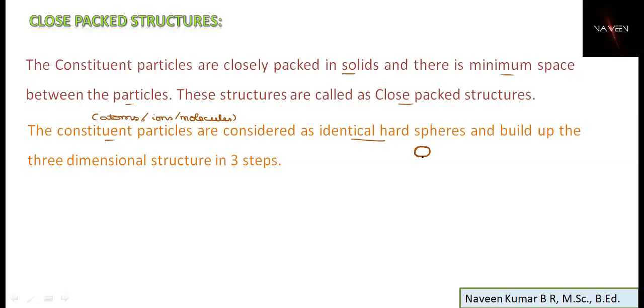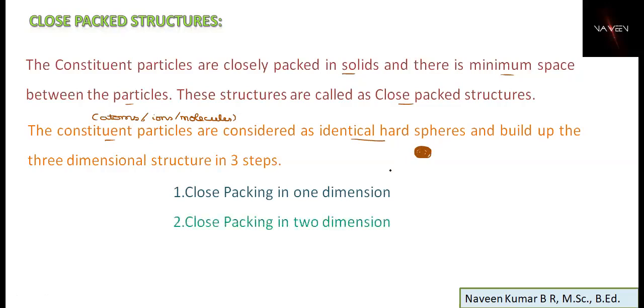Each particle is assumed to be a hard sphere, and we build up the three-dimensional structure in three steps: close packing in one dimension, close packing in two dimensions, and close packing in three dimensions. In these three levels, we'll understand the complete close packed structures.